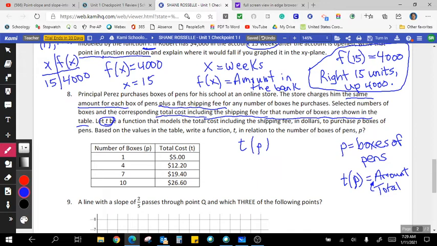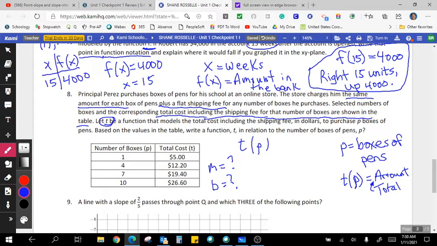When we find a function, we have to find m, which is going to be our slope, and we have to find b, which is going to be our y-intercept. The y-intercept is where we start from.